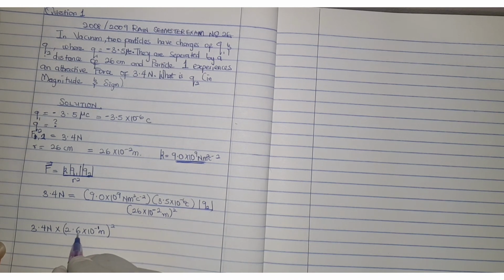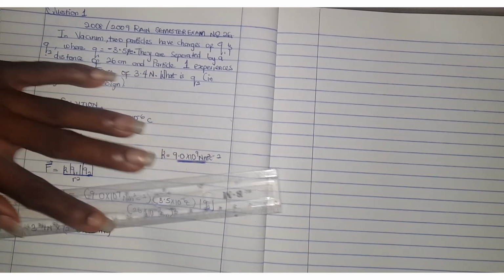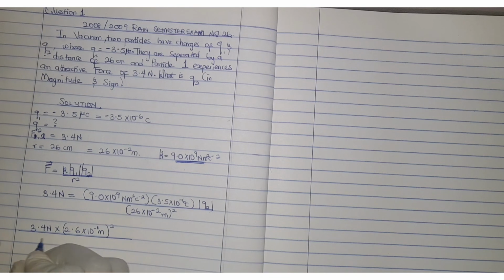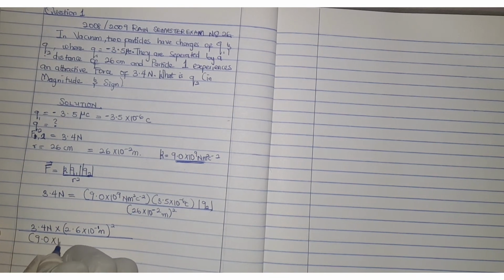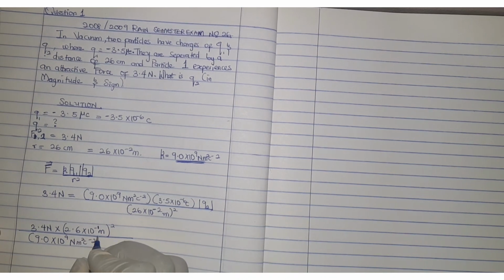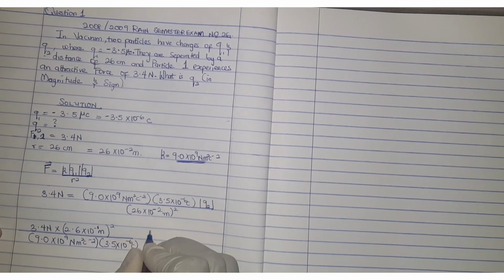This is converted to standard form, over 9.0 times 10 raised to power 9 Newton meter square per coulomb square, times 3.5 times 10 raised to power minus 6 coulomb.